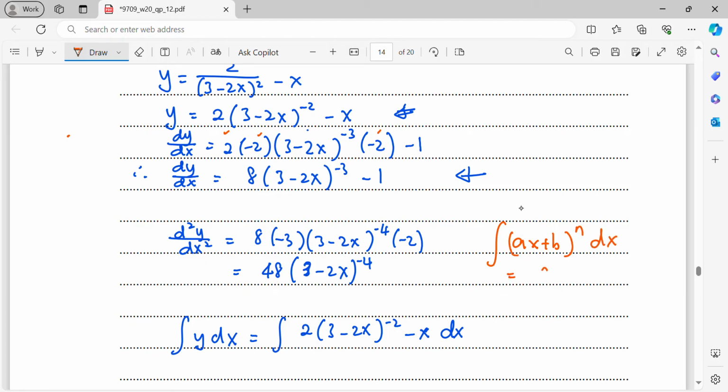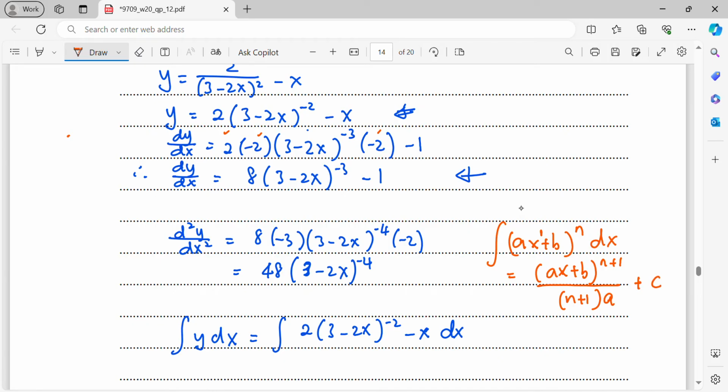It will be rewriting the whole function. Remember, this formula is only valid when you are integrating a linear function inside the bracket. Okay, so rewrite, then plus 1 to the degree, then over the new degree. And then we differentiate ax plus b, which is a, followed by plus c.